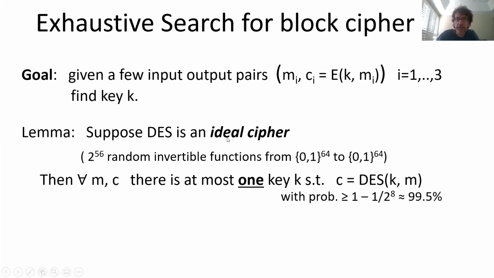So a standard assumption about PRP security is a two-person game. Here is a challenger who picks a random key, and here is an attacker who sends a message, gets back the PRP output, sends another message, gets a PRP output, and interrogates this challenger on any number of messages.